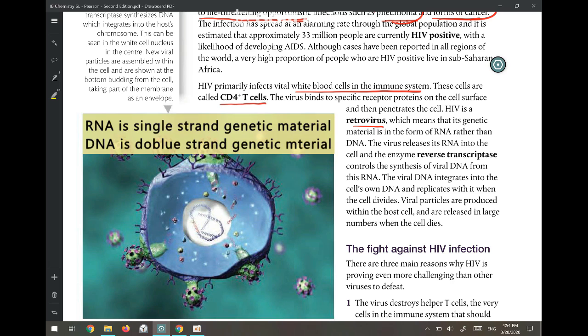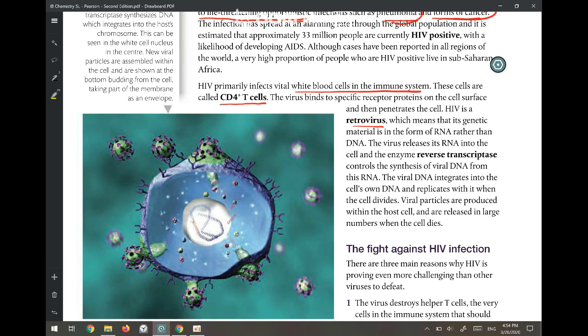In the first step, the virus must penetrate into the cell. This happens by attaching to the receptors on the surface of the CD4 T cells. When the virus attaches to these, it can penetrate the cell.